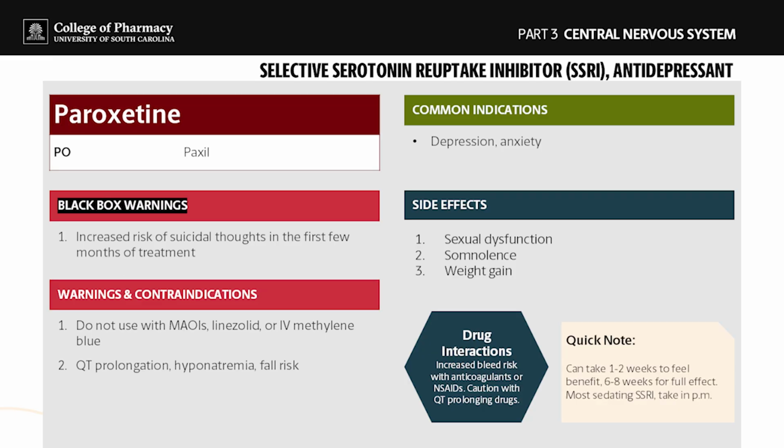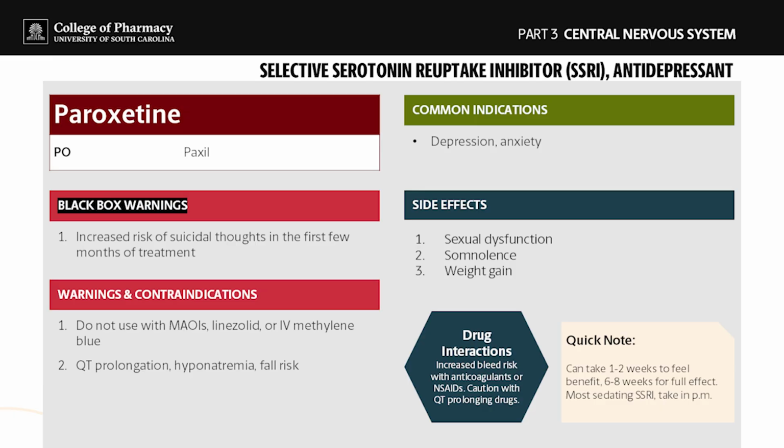Another SSRI antidepressant is paroxetine. The brand name is Paxil, and it too is indicated for depression and anxiety with the same side effects as the other SSRIs. Same note, may take a couple of weeks to feel the benefit, and same black box warning. Paroxetine, Paxil. You can kind of see this root in the branded product.